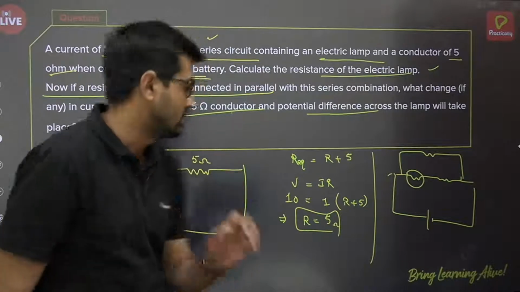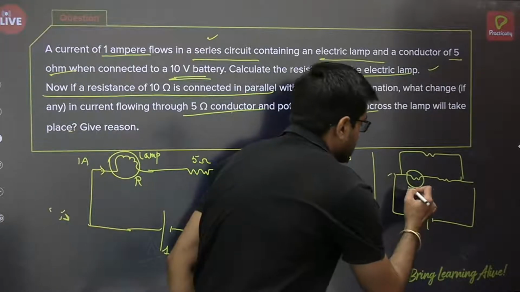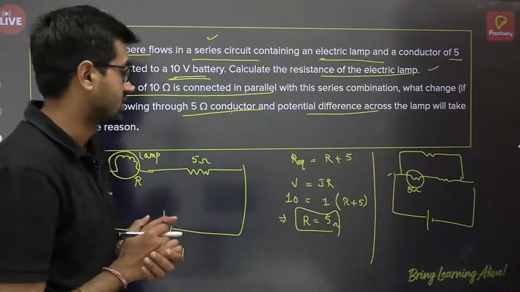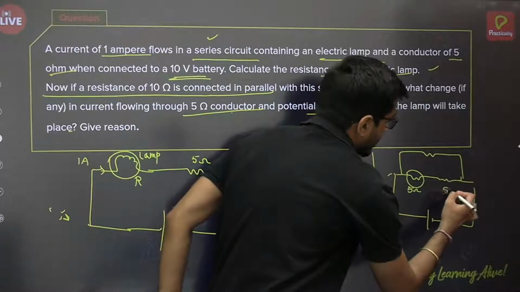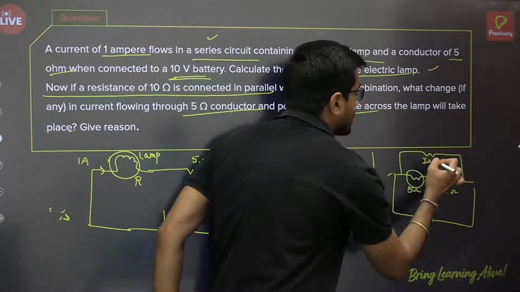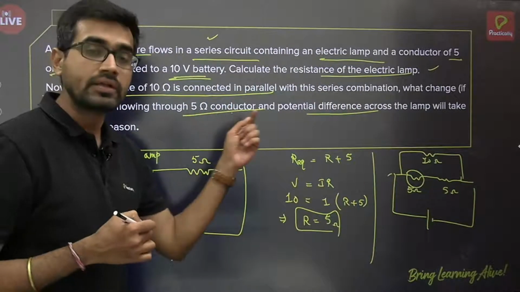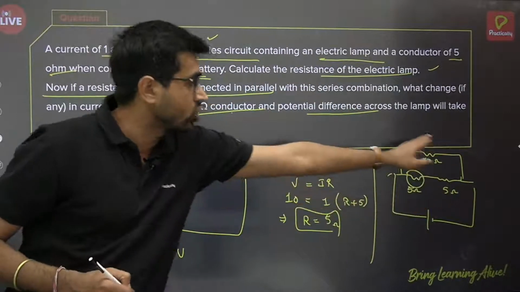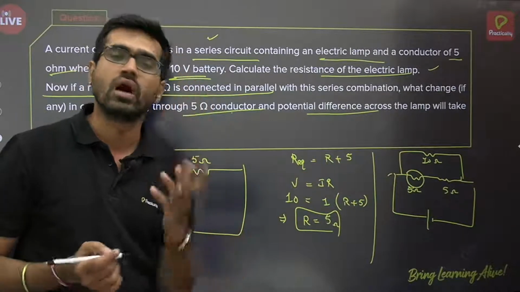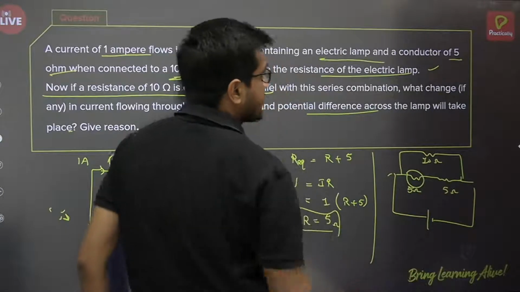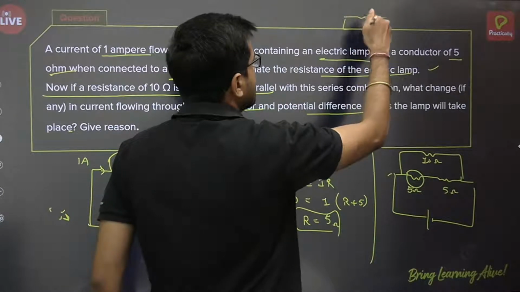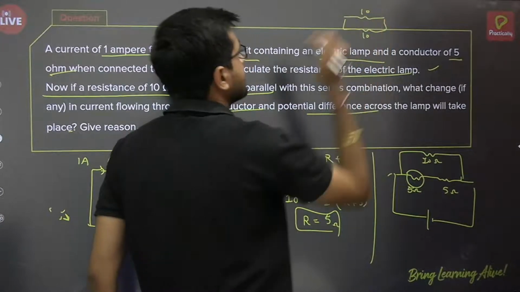Simple, easy. This was 5 ohm, this was 5 ohm, and this is 10 ohm in parallel, right? So what is the equivalent of this whole combination? 5 ohm. See, very simple: the series combination is 10, and it is connected in parallel by a 10.